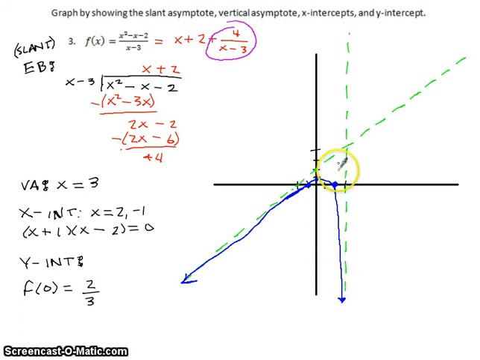And so we got that split behavior, so we're going to come from positive infinity, and we're going to swoop around, and as x gets larger and larger, we're going to approach that line, x plus 2. All right. So let's move on. But before we move on, remember, you can always plug in points to be absolutely certain of yourself.